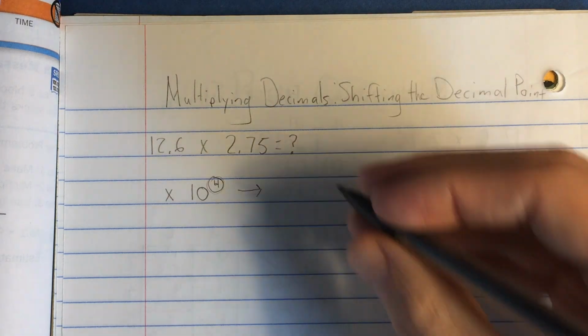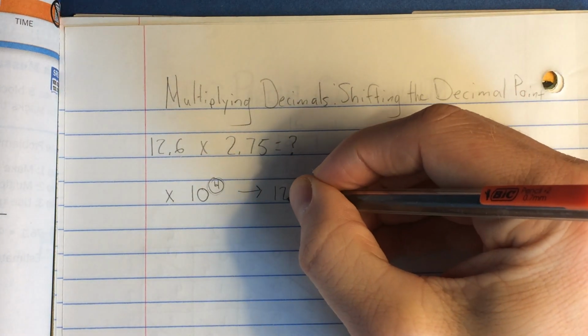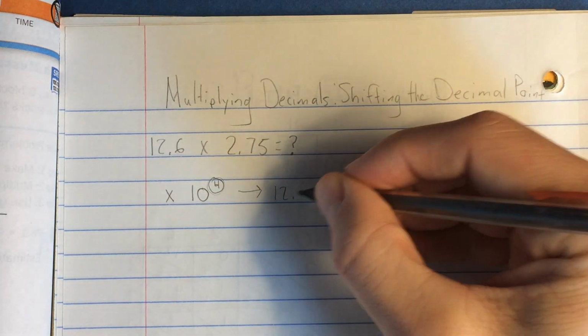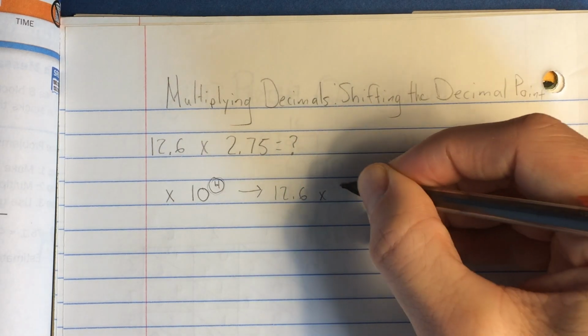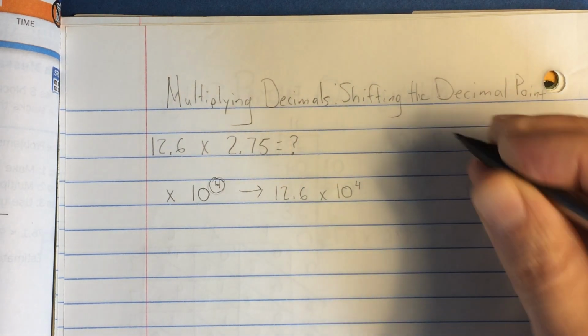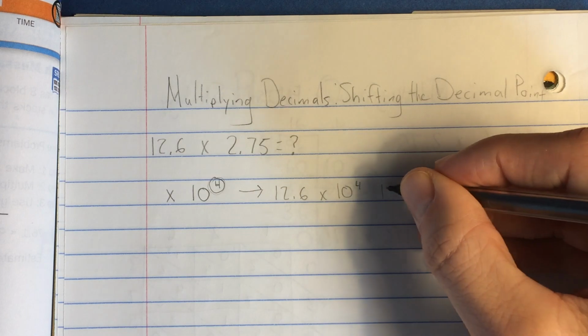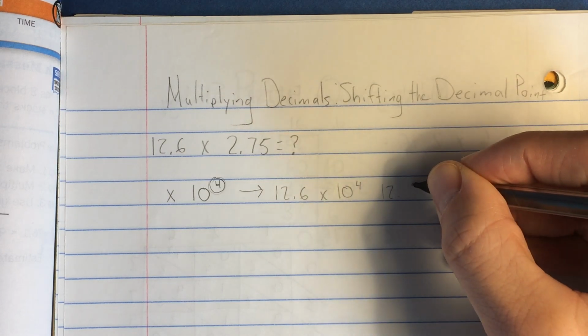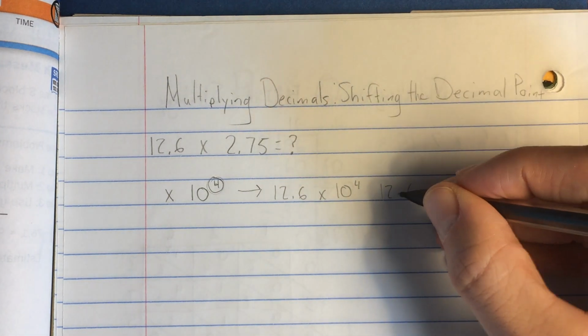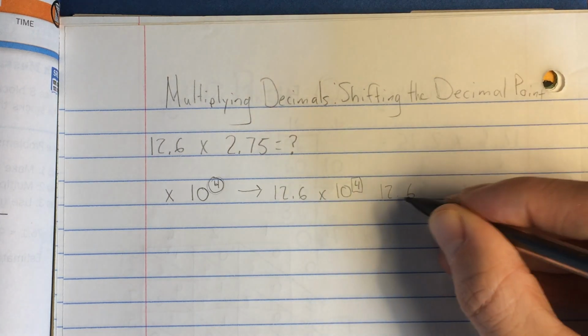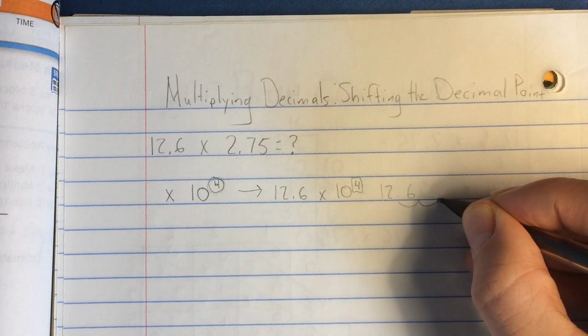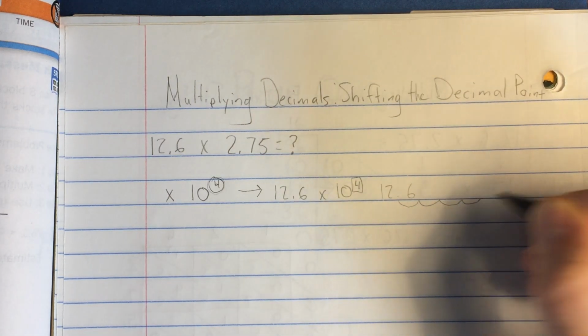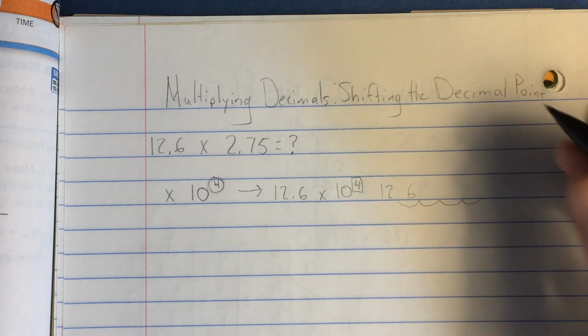Okay? So in the instance of 12.6, if we multiplied it by 10 to the power of 4, that means we'd have to take this decimal here and move it how many places? This many, 4. 1, 2, 3, 4. And what do we put in those empty clouds?